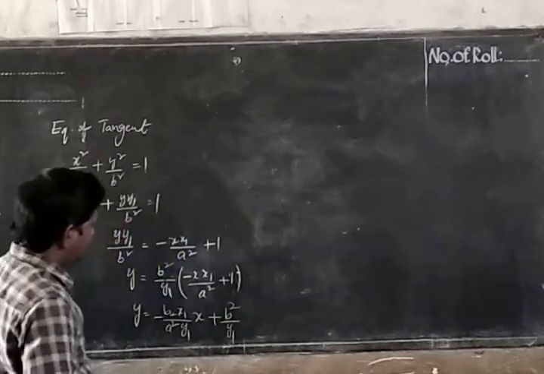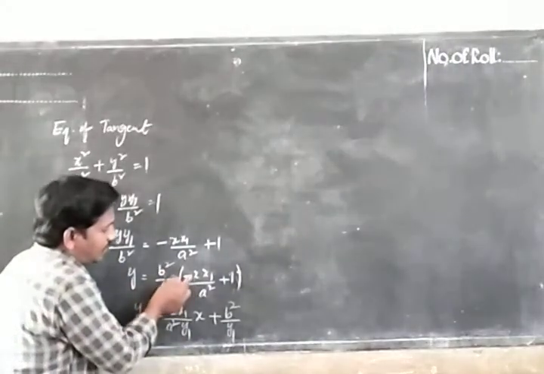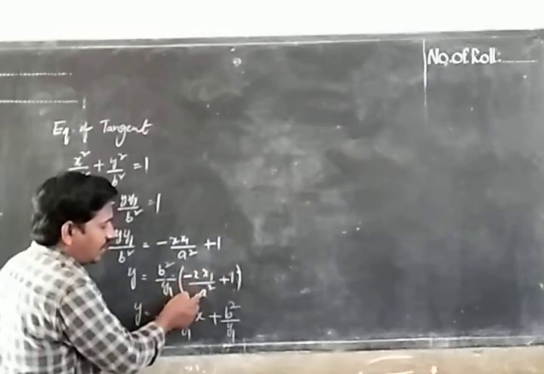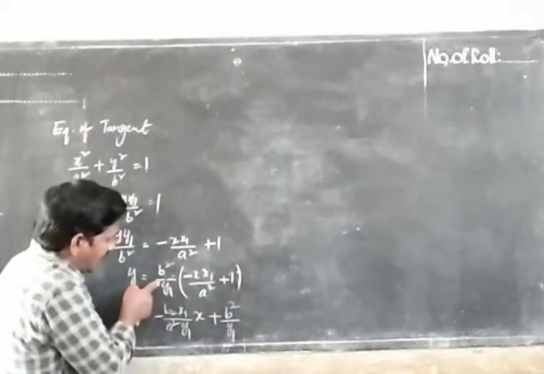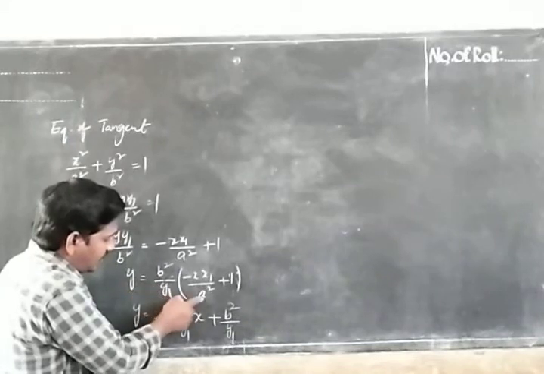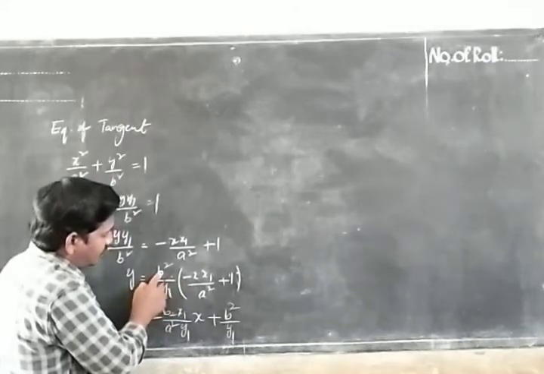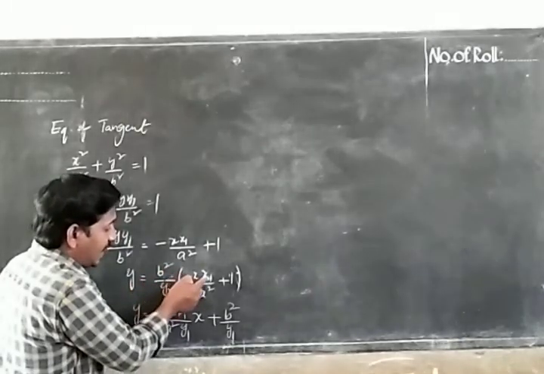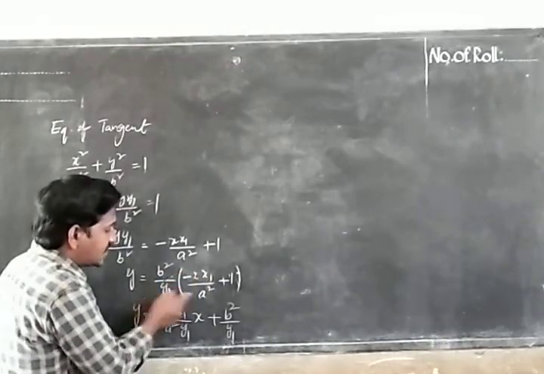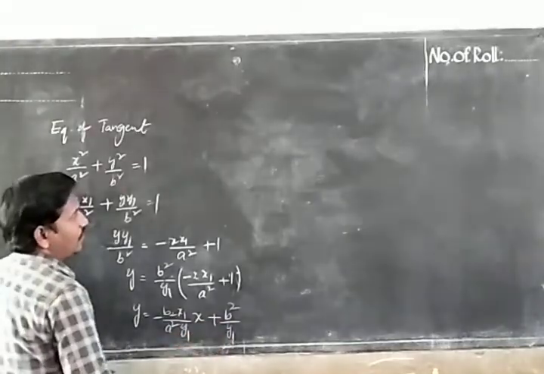Look at it once: b square by y1 into minus x1 x by a square, this is minus b square x1 x by a square y1, plus b square by y1.